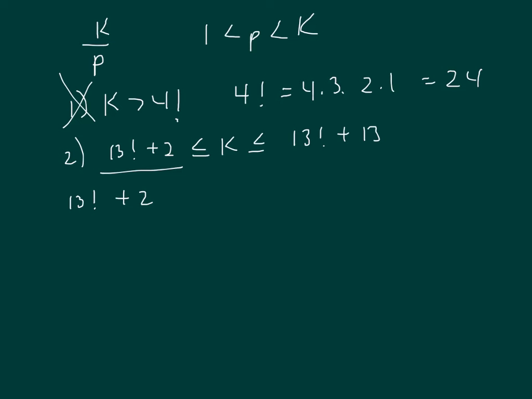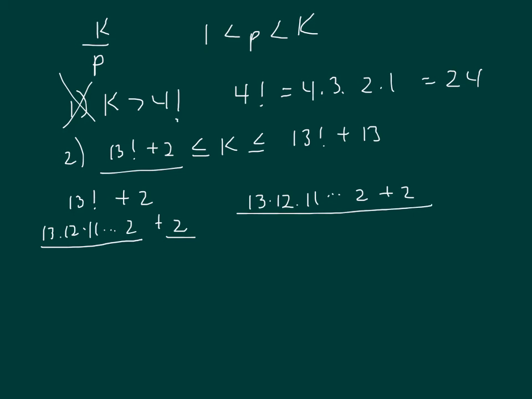All right, so if you think about 13 factorial plus 2, 13 factorial is 13 times 12 times 11 on down to 2, and then you have that plus 2. So 2 goes into this, and 2 also goes into that. You could write this as 13 times 12 times 11 dot dot dot down to 2, plus 2, over p.